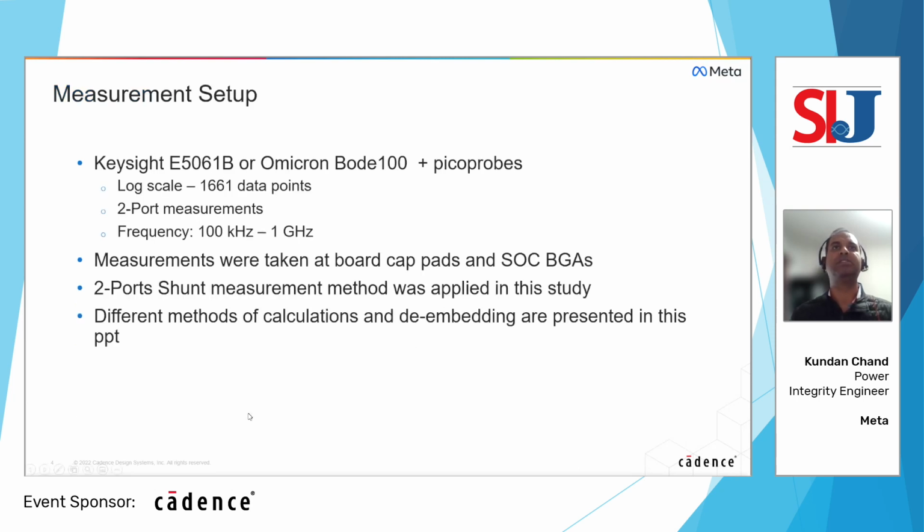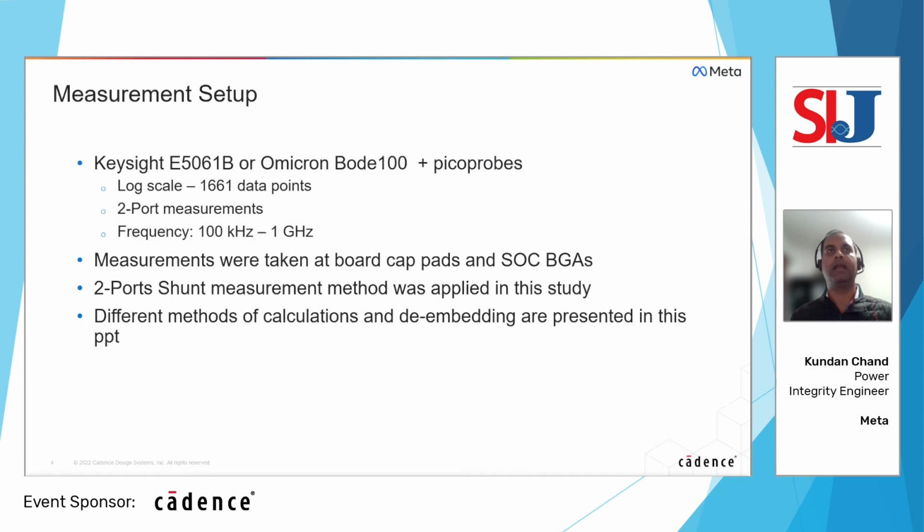So start with the measurement setup and the equipment. Some of the details are here. So we had a Keysight E5061B, which is suited more for the power integrity measurements. It can measure from I believe as low as a few hertz to up to 3 gigahertz.